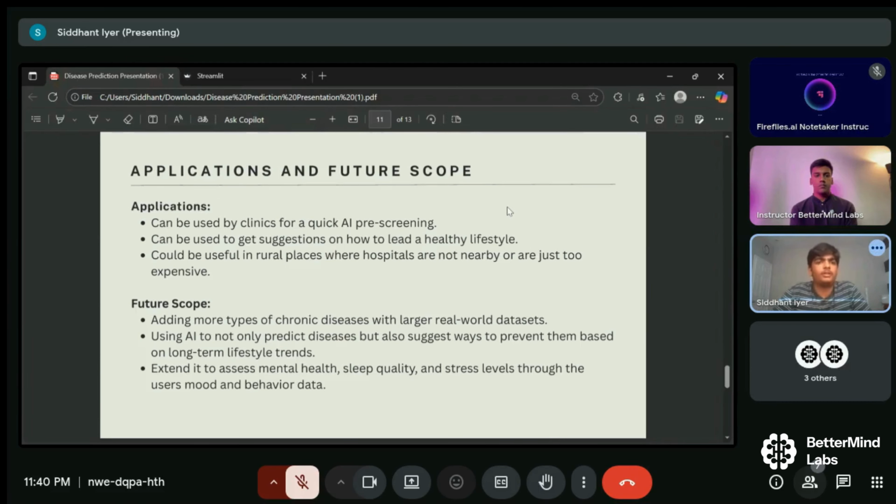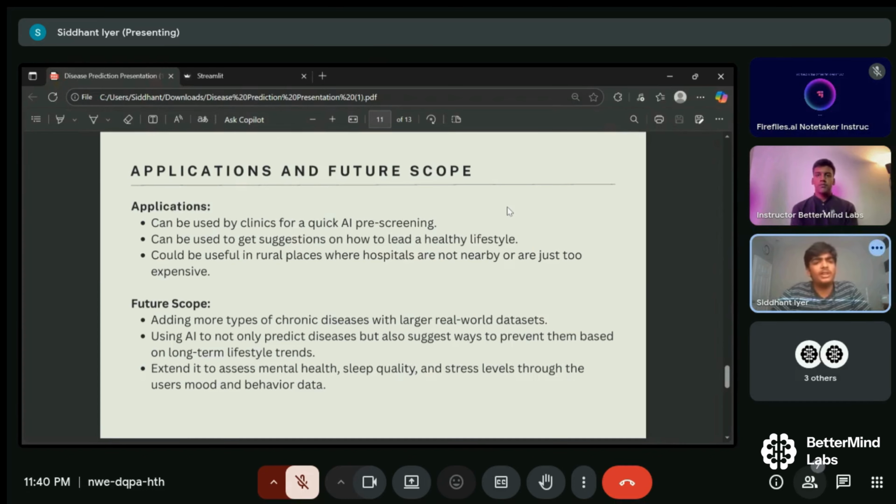This can be used in clinics for AI pre-screening. It can be used to help you detect the disease earlier on so it doesn't spread. In the future, more chronic diseases can be implemented into this type of model, so instead of five diseases, you could have 10 diseases and such.